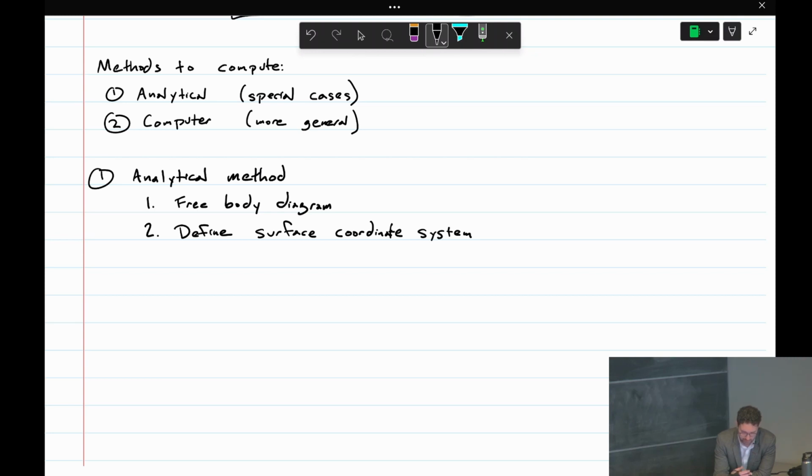The integrals you're going to do are going to be 2D, so we have two coordinates that we need for our coordinate system. We'll call that S hat and N hat. Those are our two unit vectors for our surface. N hat is the normal vector like we already saw, but S hat is kind of a tangential vector. Those two vectors are orthogonal, so they can make a coordinate system. We'll define our global coordinate system.